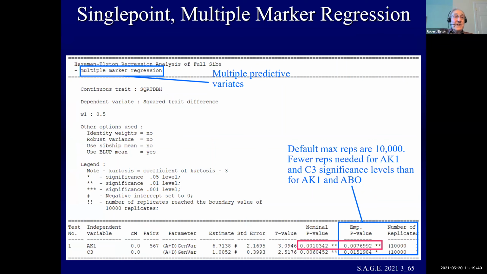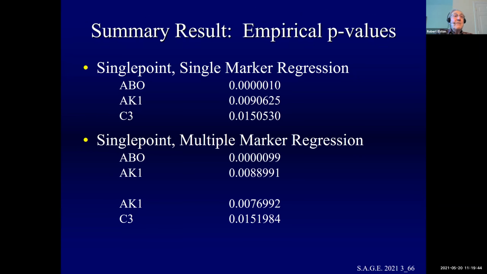So if we look at the next slide, what we see here is the summary of the results. If we do single marker regression for ABO, AK1, and C3, we get these values. On the other hand, if we do multiple marker regression, we notice that ABO stays about the same, AK1 gets a little bit smaller and C3 gets about the same.